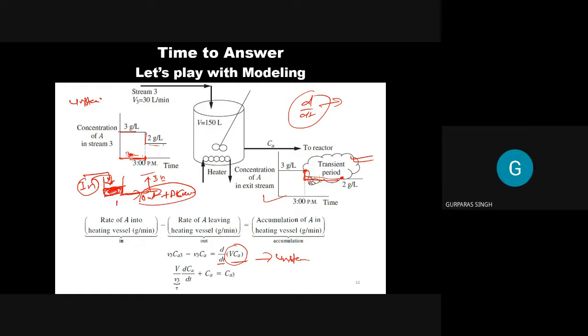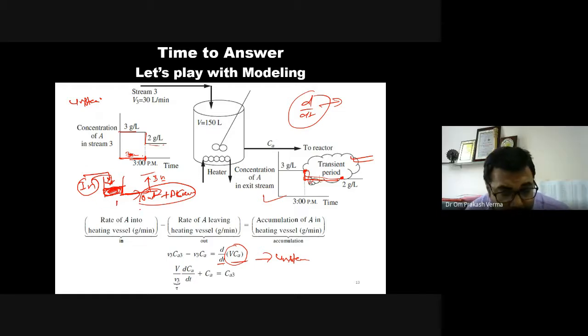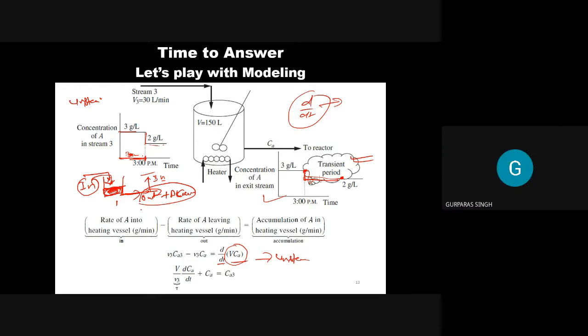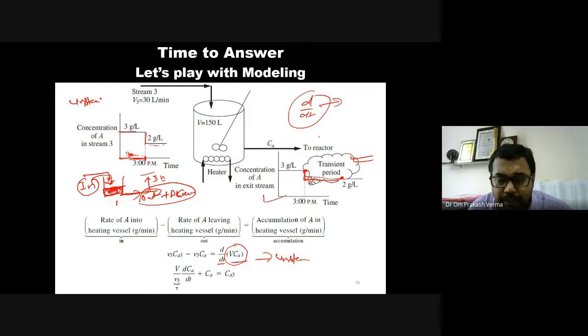Sir, what is accumulation? Accumulation represents whatever the amount changing, whatever the mass changing here, with reference to time.